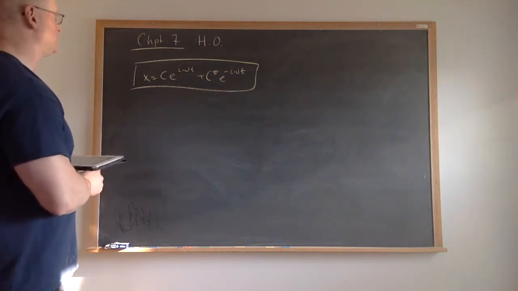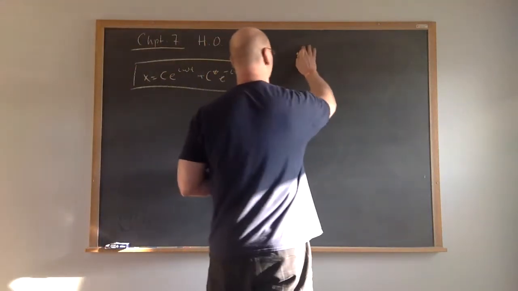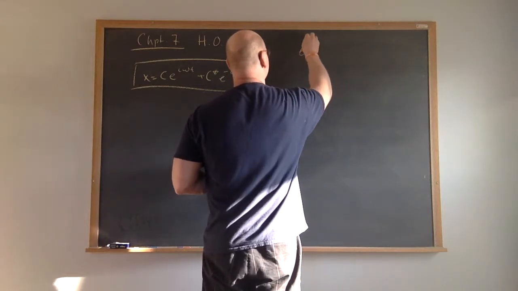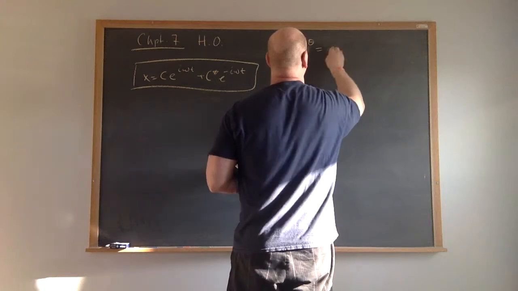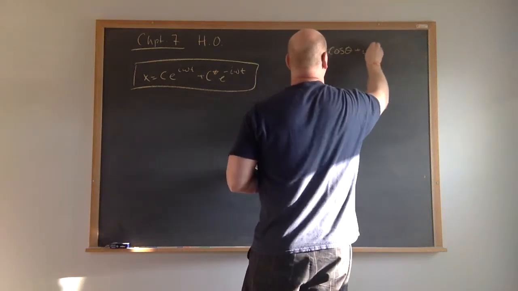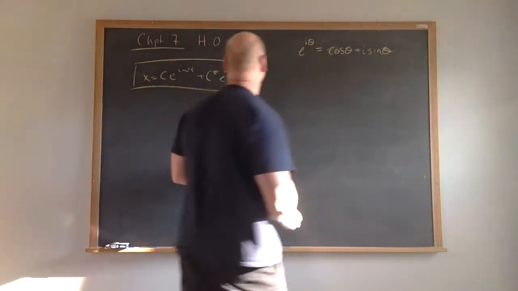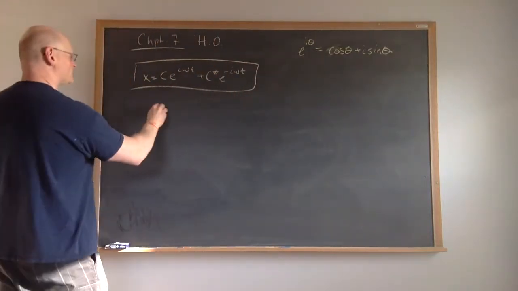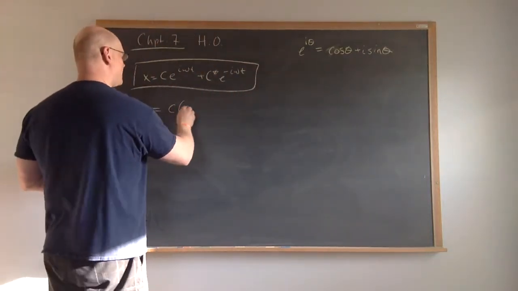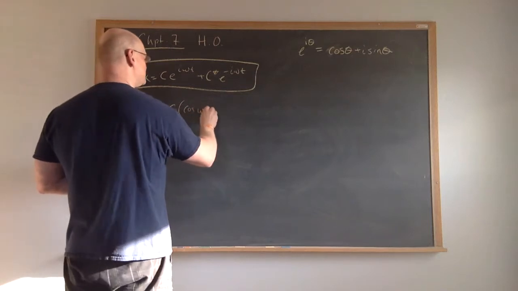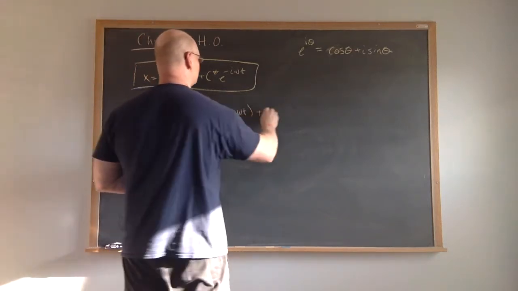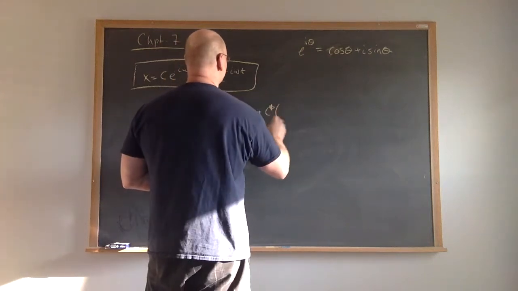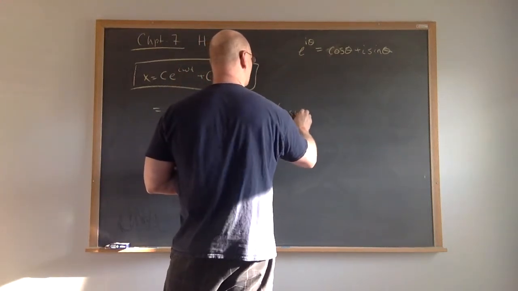Now, this is, of course, not the only way we can do it. Another way is to use Euler's formula, which says that e to the i theta is equal to cosine of theta plus i sine of theta. Which means in this case, we can rewrite this as c times cosine of omega t plus i sine of omega t, plus c star times cosine of omega t.